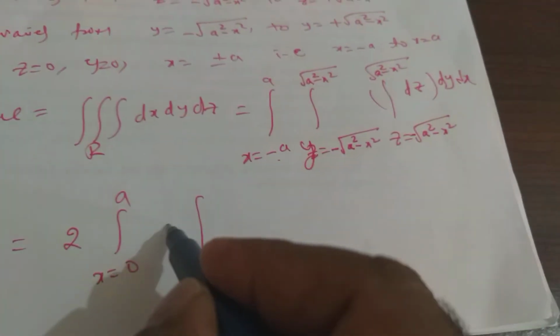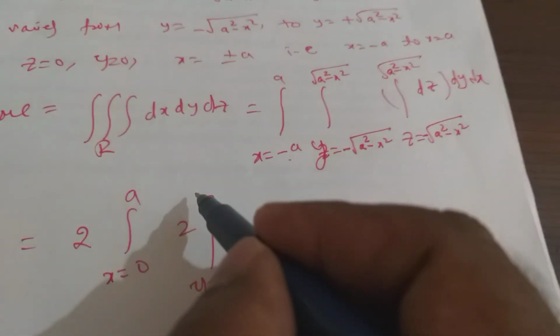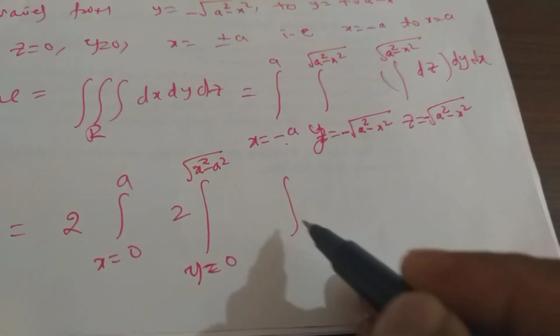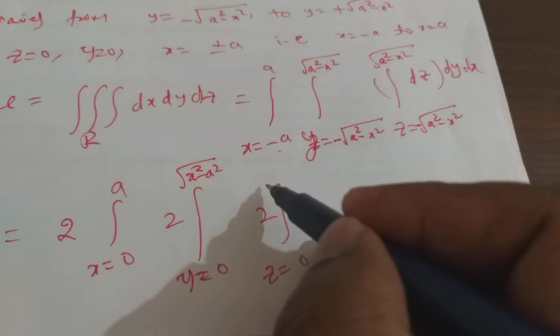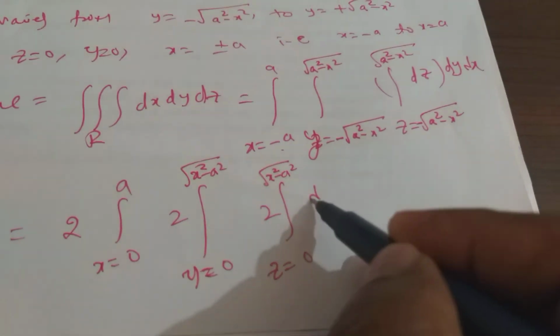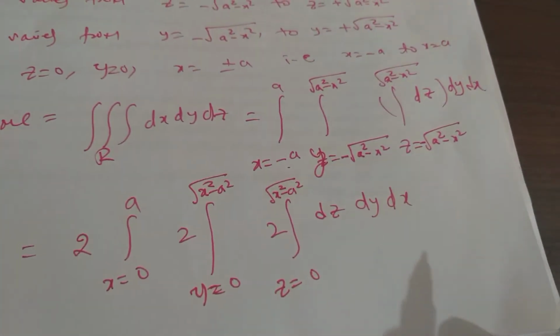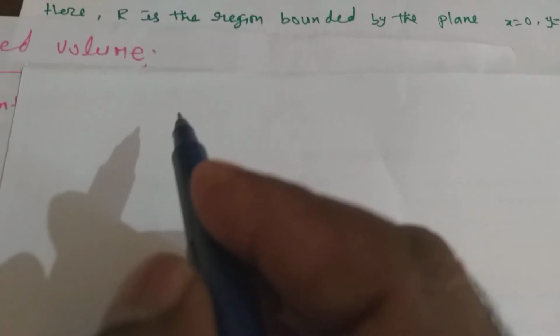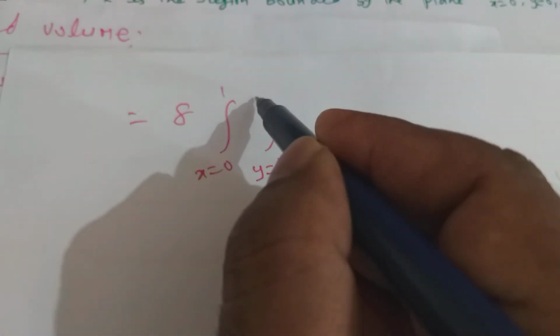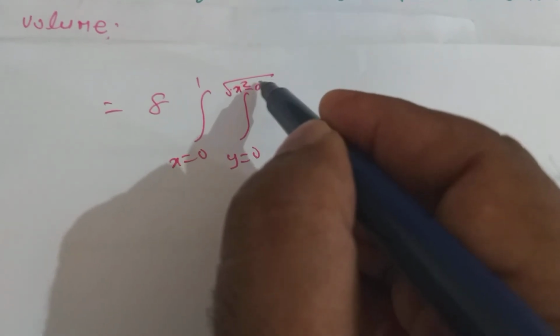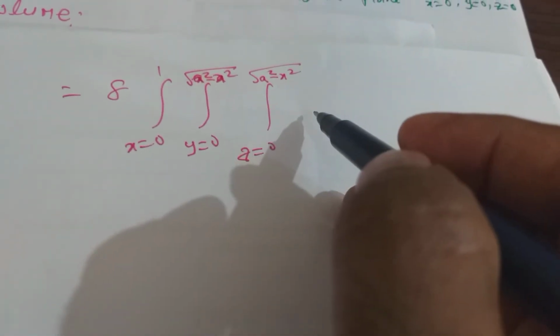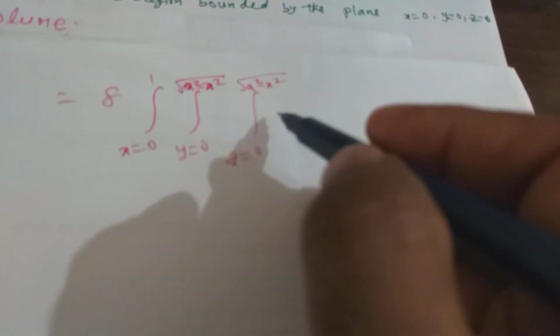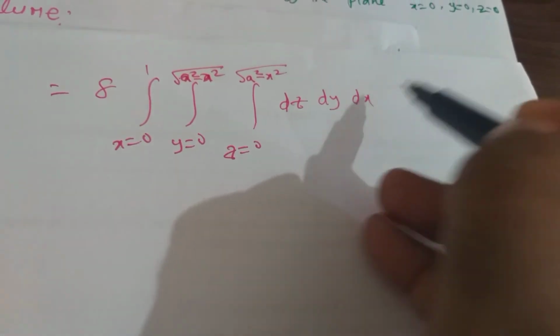Similarly for this also, 2 into y equal to 0 to root of a square minus x square, and 2 into z equal to 0 to root of a square minus x square, dz dy dx, and 2 into 2 into 2 is 8. 8 into integrating x equal to 0 to a, y equal to 0 to root of a square minus x square, and z equal to 0 to root of a square minus x square, right? And dz dy dx.